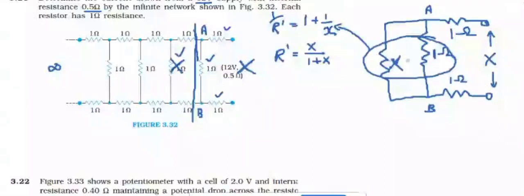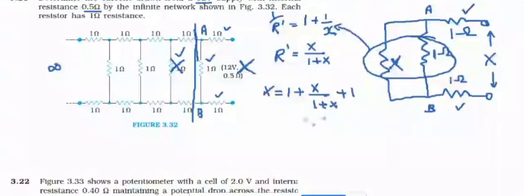Now this R dash and this 1 ohm and the 1 ohm at the bottom are in series. Therefore, the total resistance is X, which is equal to 1 plus R dash. R dash means X divided by 1 plus X, plus 1. So this is the total resistance.